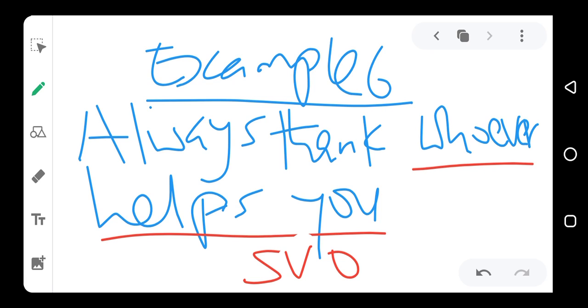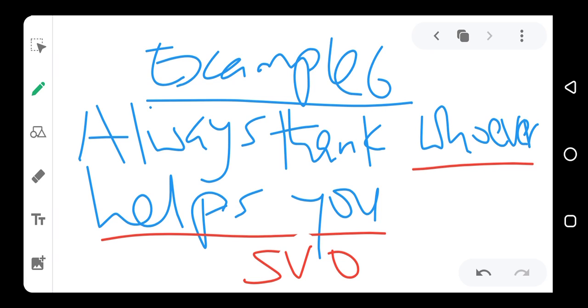Okay, so we have looked at examples of noun clauses. We can now identify a noun clause in a sentence. We now know the meaning of a noun clause, and we now know the types of dependent clauses.